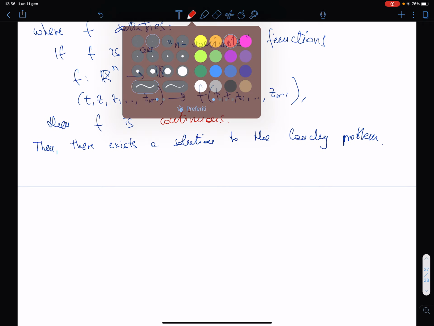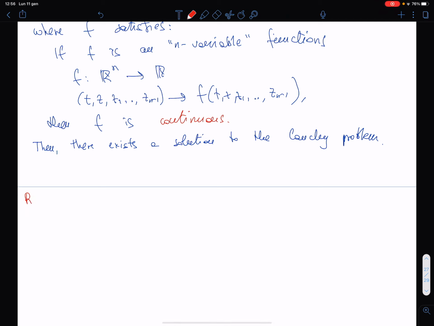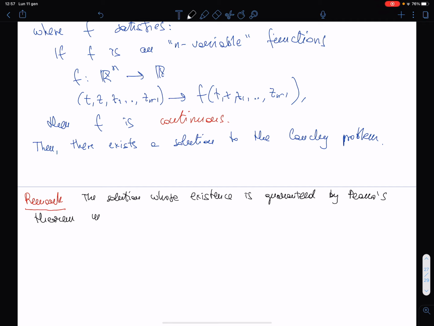So we have a first remark that says the solution whose existence is guaranteed by Peano's theorem may not be unique. This is the first remark.